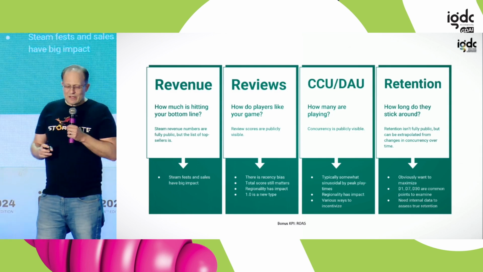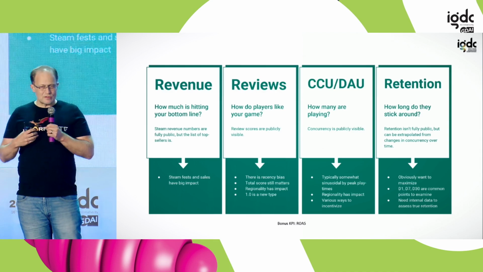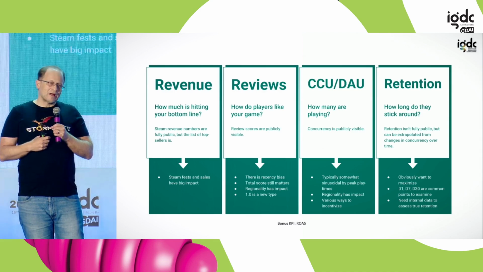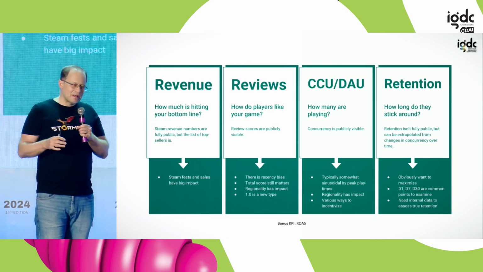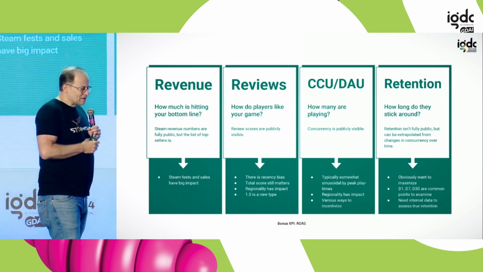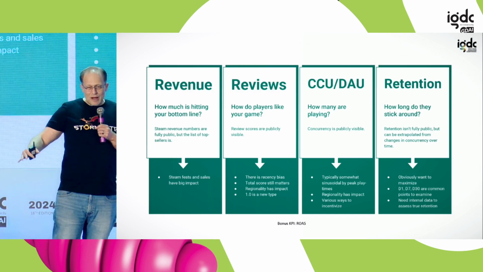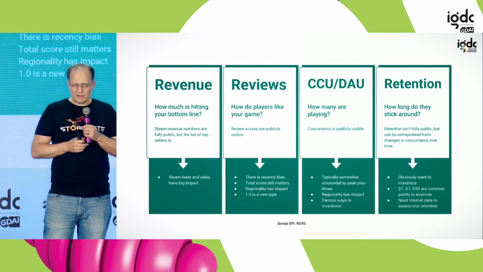And then last but not least, retention. This is something for our own game that we had to instrument internally. Obviously for other games, we don't have their data, but you can extrapolate a bit just based on falloff over time and CCUs. So these are the primary metrics that we're using on Steam to gauge post-early access success.